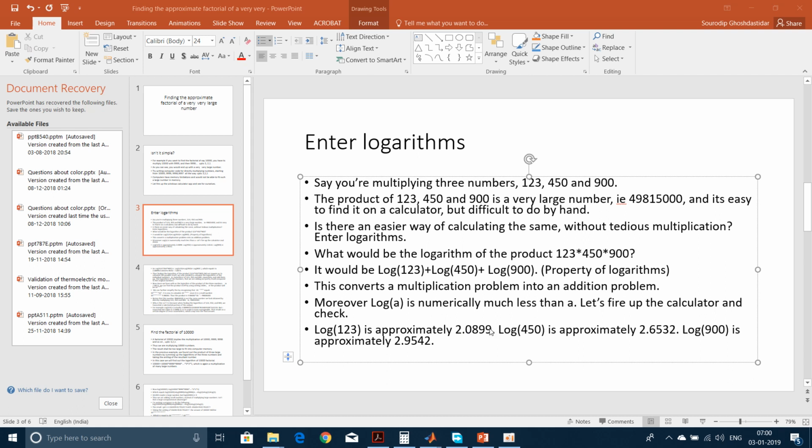And you just have to add these small numbers to get the logarithm of the huge product. You don't have to calculate the product itself to find the logarithm. You just have to find the logarithm of the individual numbers making up the product.